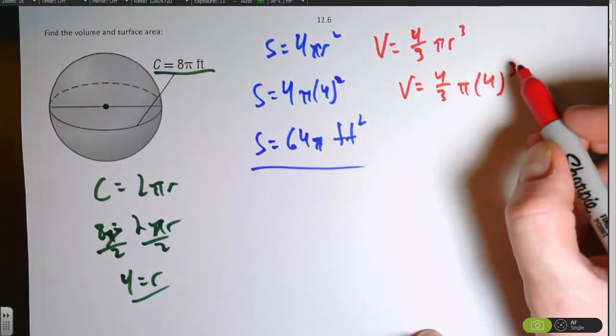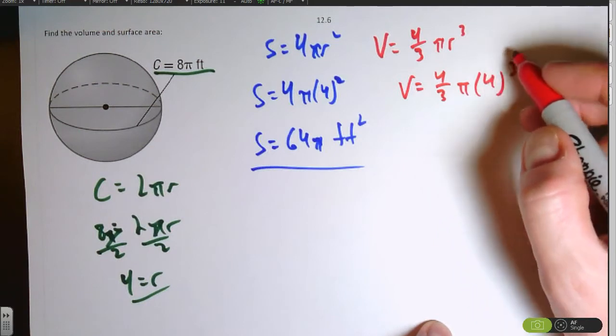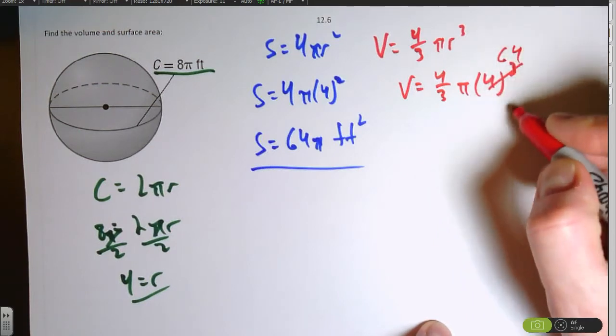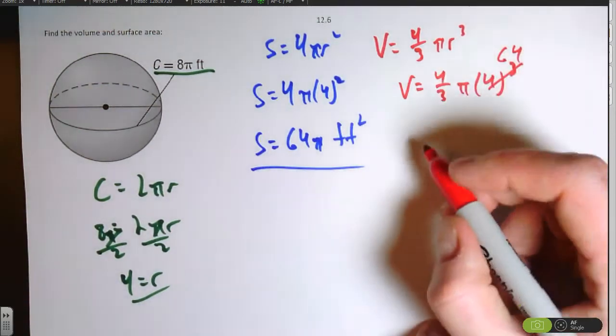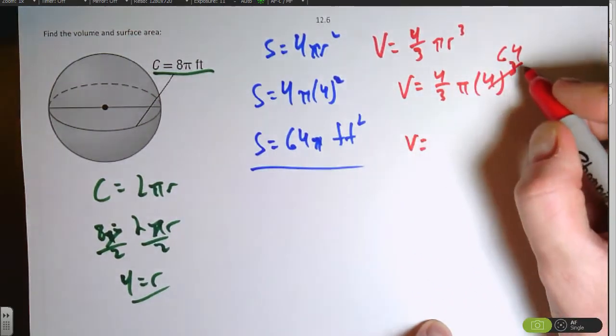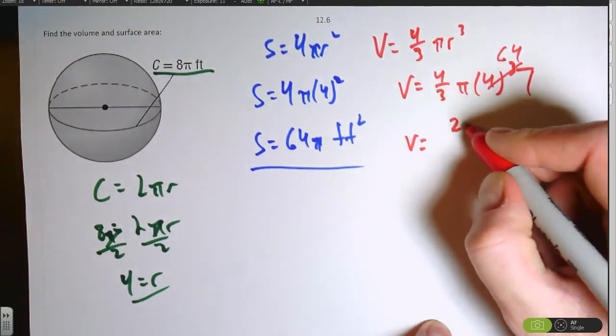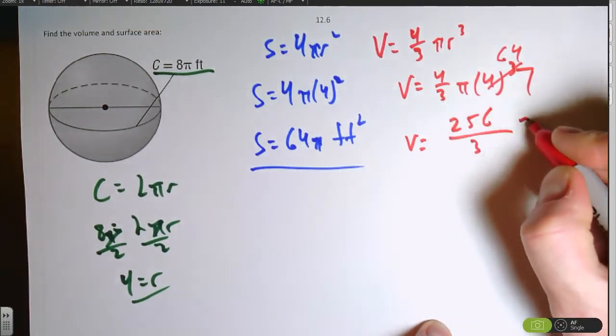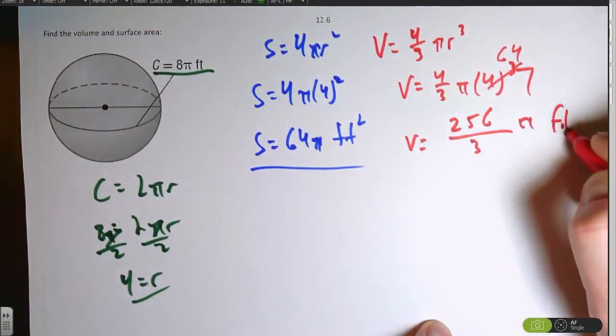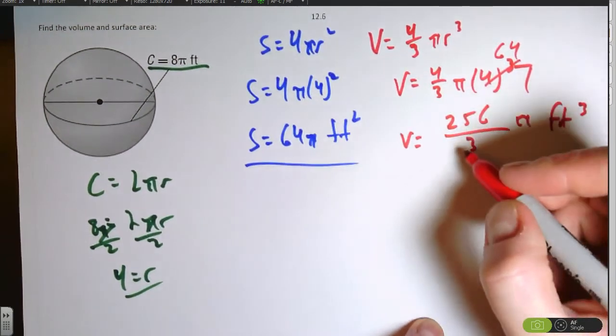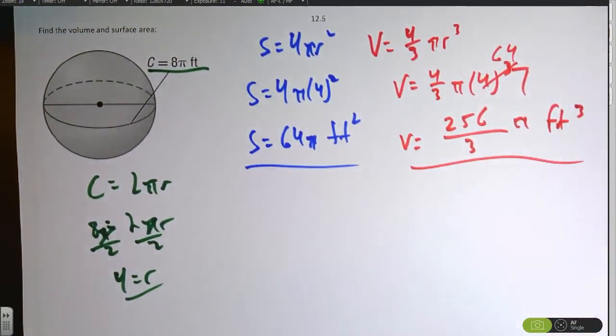Now, unfortunately for us, 4 cubed is 64. That is not going to cancel the 3. So best we can do is 4 over 1 times 4 over 3 times 64 over 1, which gives us 256 over 3 pi feet cubed for our volume.